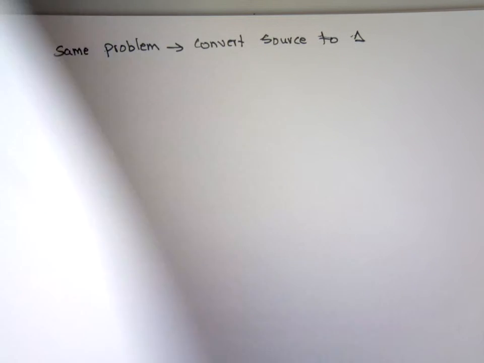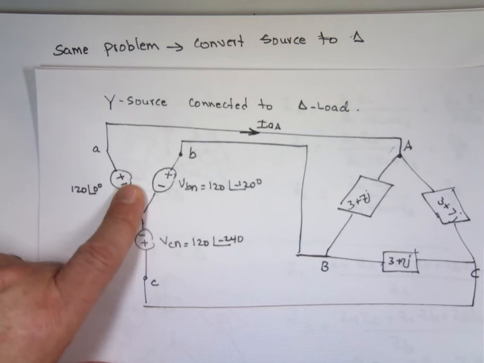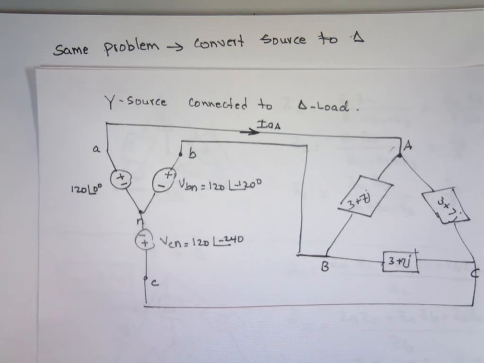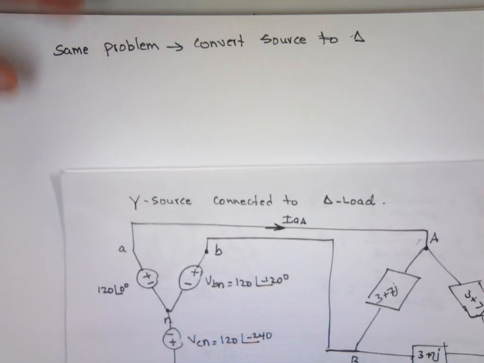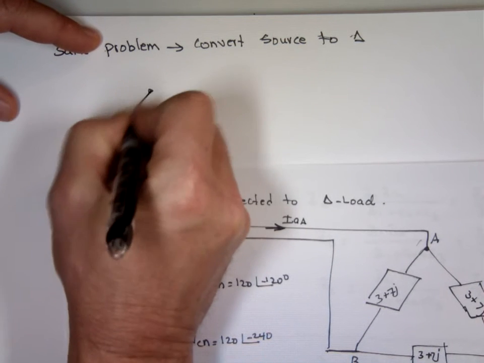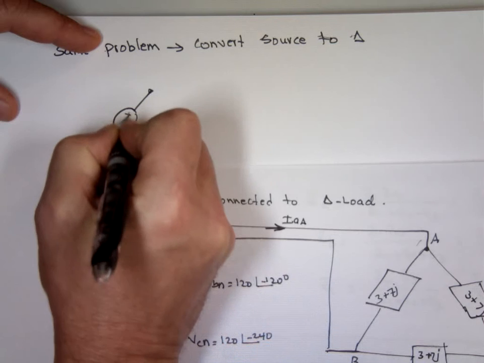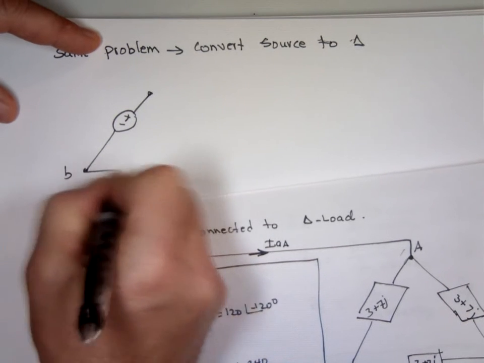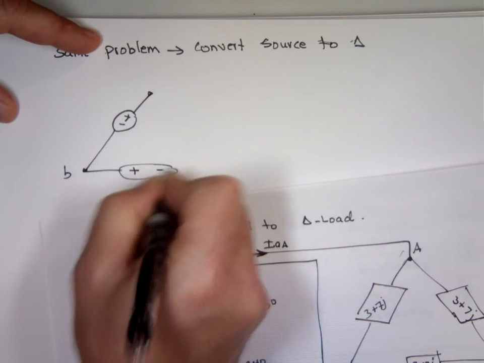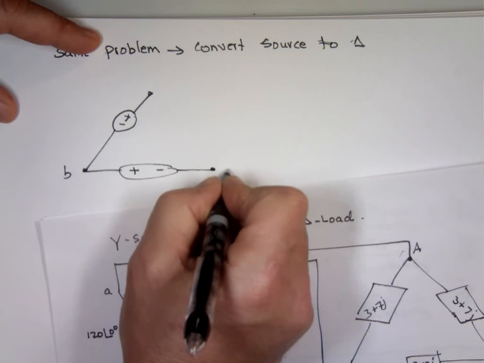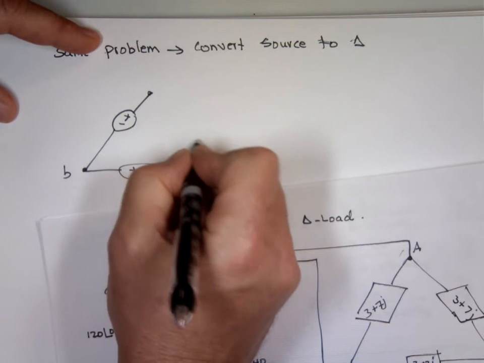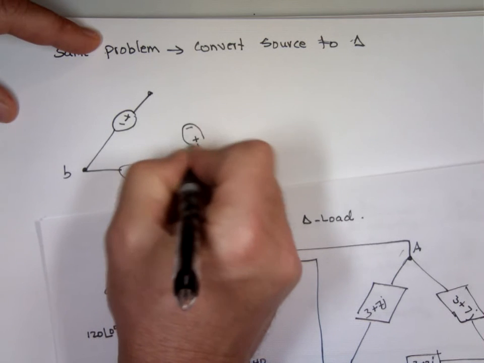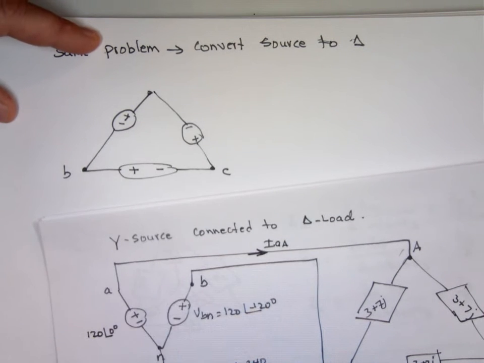This is my circuit. I'm going to convert that to delta. If I convert that to delta, I'm going to have a delta source now, and that's going to the delta load.